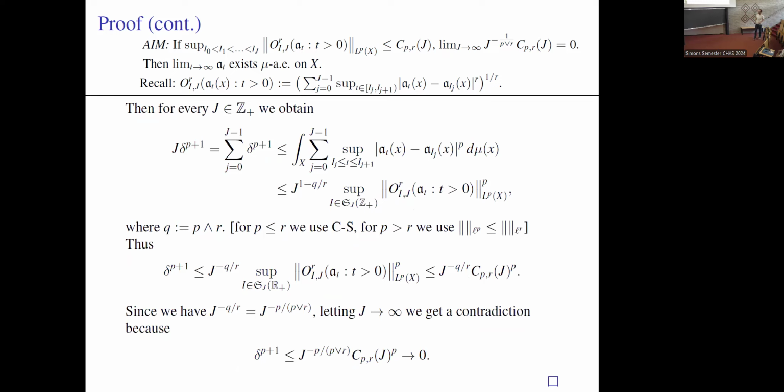Okay, so once we have it, we can estimate this expression which appears here. Okay, so if we change the order of summation and integration, then what happens is that we know that this expression here is greater than delta on the set which has measure at least equal to delta.